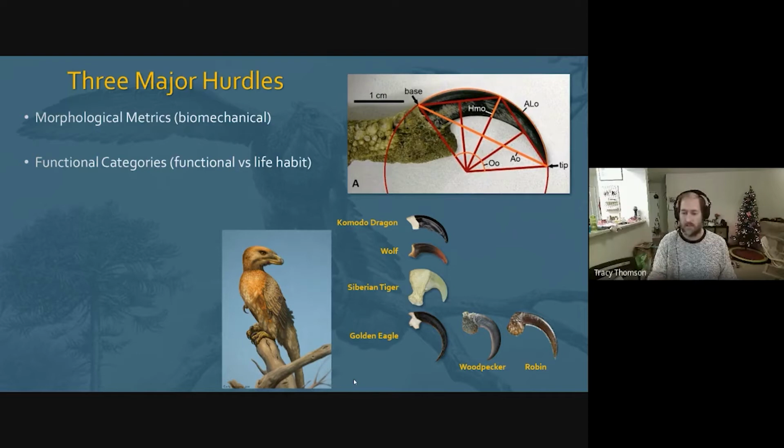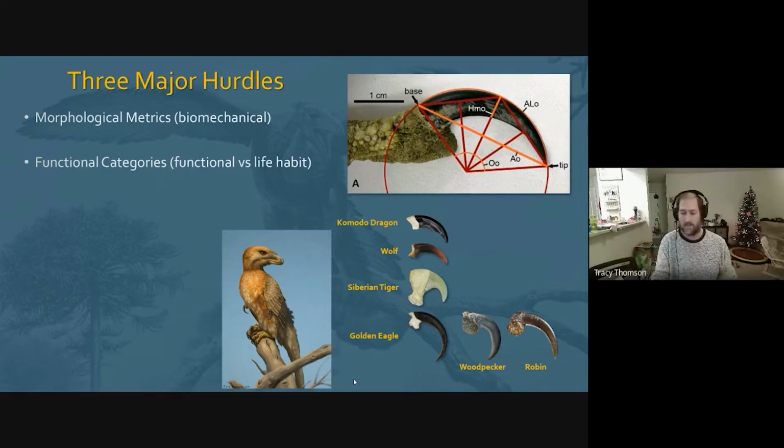As an example, you can see on the bottom right down here, I have a column of predatory animals: Komodo dragon, a wolf, Siberian tiger, and a golden eagle. These are all predatory animals. You would put them in a predatory category. However, if you look at their claws, they all look different. So you're blending and mixing by putting them into that category.